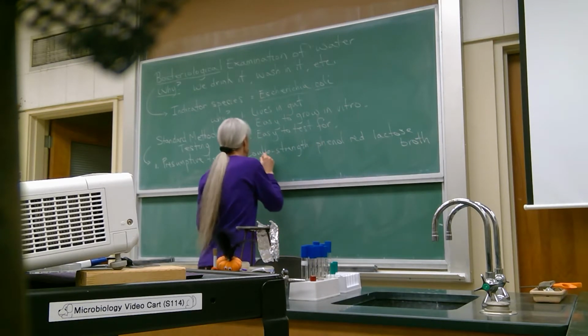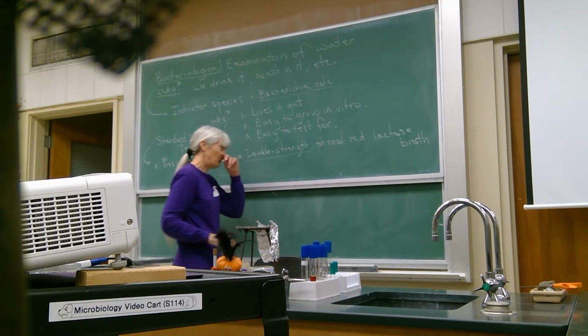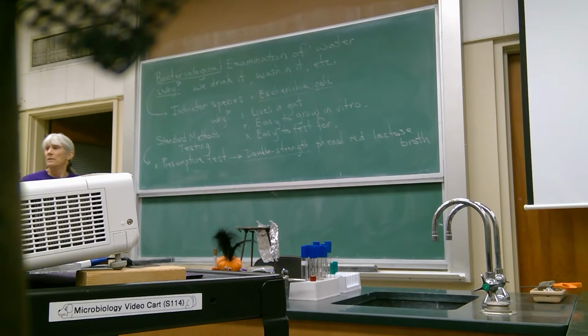What does this mean if it's double strength? I mean, what would you assume? We're talking media here. So if it's a double strength medium, yeah, it has twice the concentration of nutrient that you really need to grow the organisms.